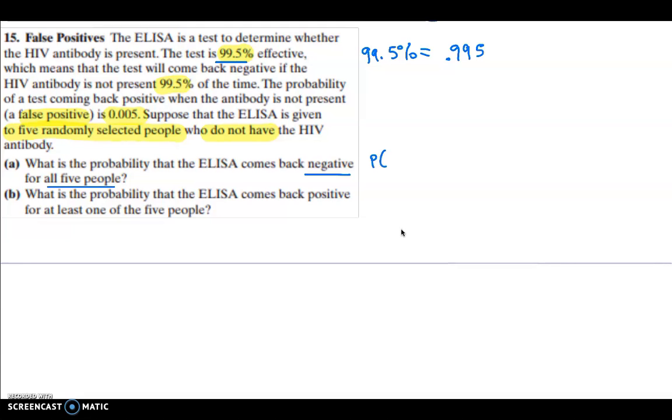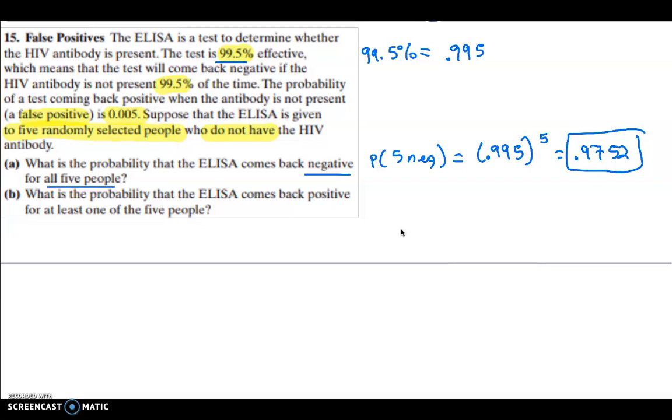So this is the probability that you get 5 negatives, which is a negative for the first, times the negative for the second, times the negative for the third, and so on and so forth. So we'll just do 0.995 raised to the 5th power, instead of writing that all the way out, which is 0.9752.